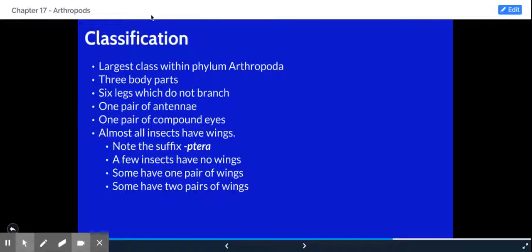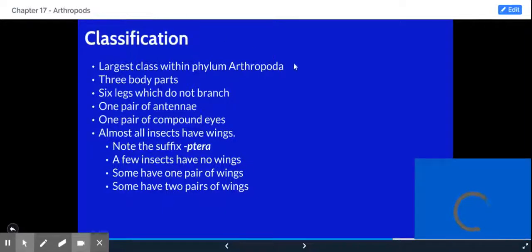It's about 5.5 million estimated. 1 million have been currently found and described, and 1.5 million beetle species have been identified. Or excuse me, I'm sorry. 1.5 million beetle species they think is how many species of beetles there are, and 5.5 million other insect species. And we've only discovered about 1 million of them so far. But that's quite a lot.